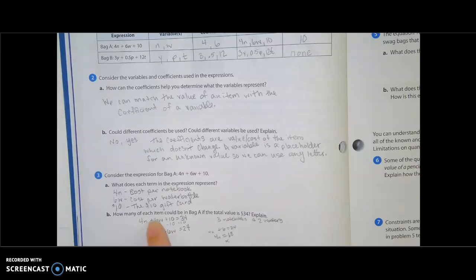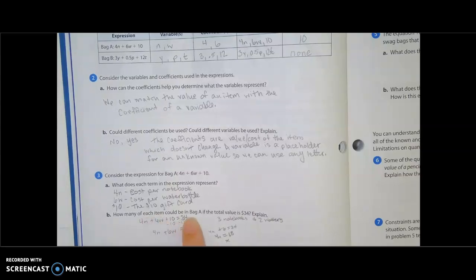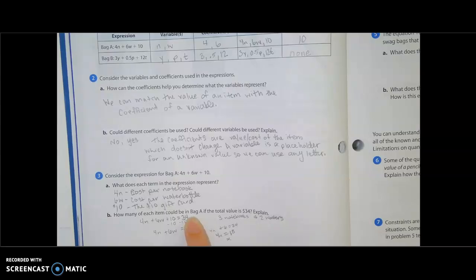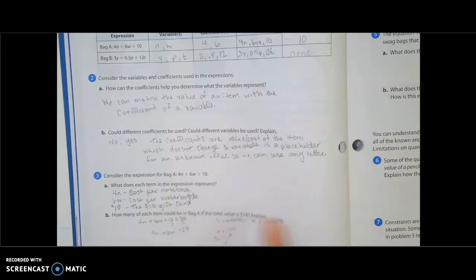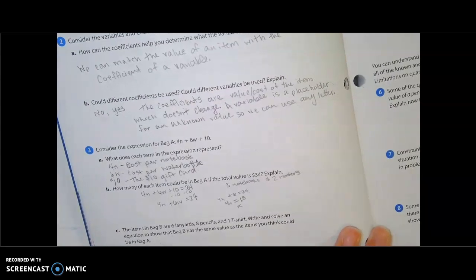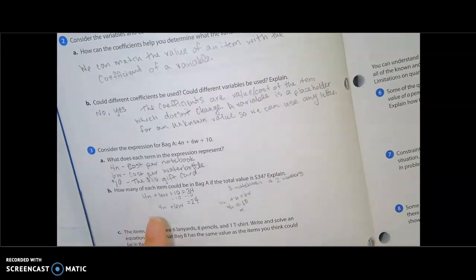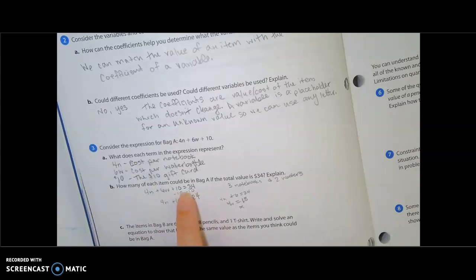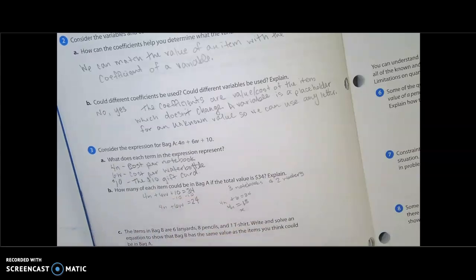Then it says, how many of each item could be in bag A if the total value is $34? Explain. I didn't write the explanation, you should write an explanation. We know there's one $10 gift card.